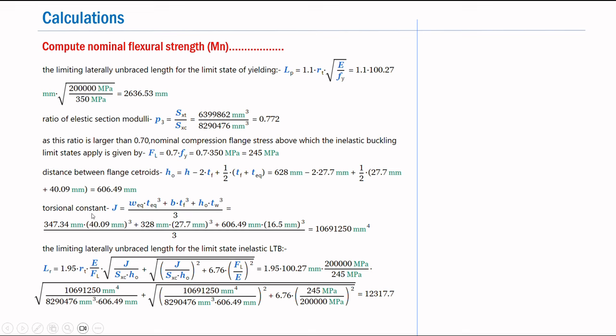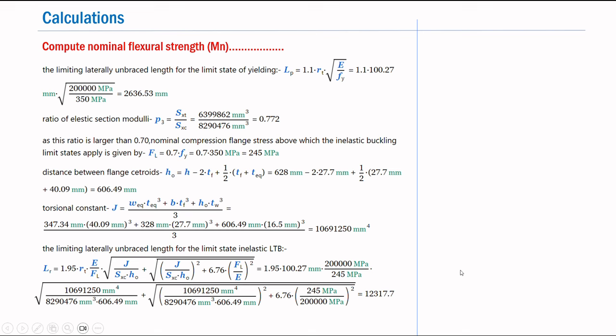Next, we proceed for the calculation of the torsional constant J using the standard equation, and this works out to be 10691250 millimeter raised to 4. Next, we proceed for the calculation of an important parameter, that is the limiting laterally unbraced length for the limit state of inelastic LTB, that is marked in the code as Lr, and this is computed using this equation, and that works out to be approximately 12.3 meters.